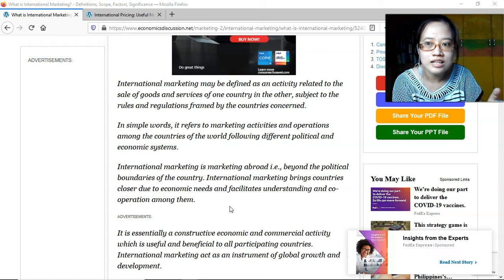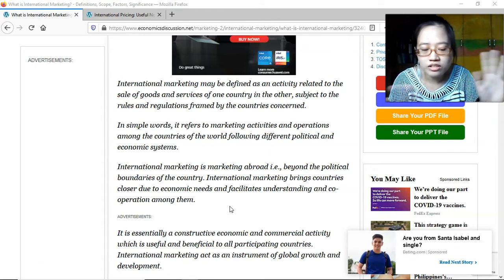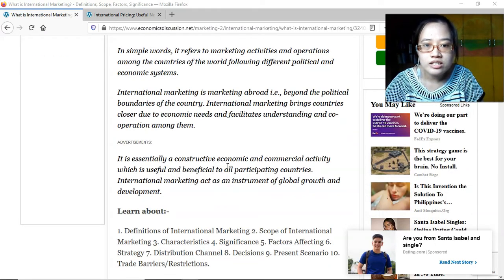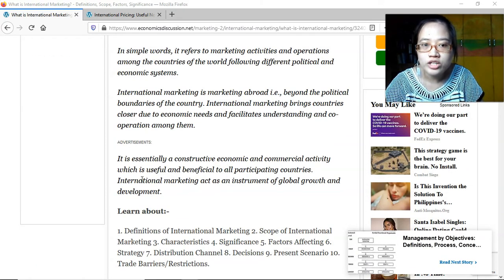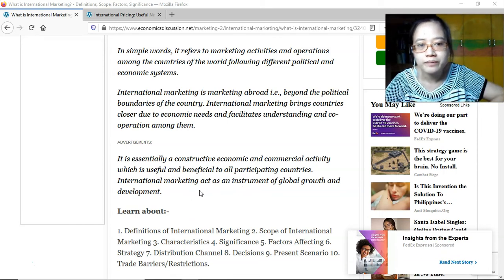So in that sense, there is cooperation between these two countries, and somehow there is an agreement, right? And the contents of that agreement, we'll be discussing later. It is essentially a constructive economic and commercial activity which is useful and beneficial to all participating countries. International marketing acts as an instrument of global growth and development.